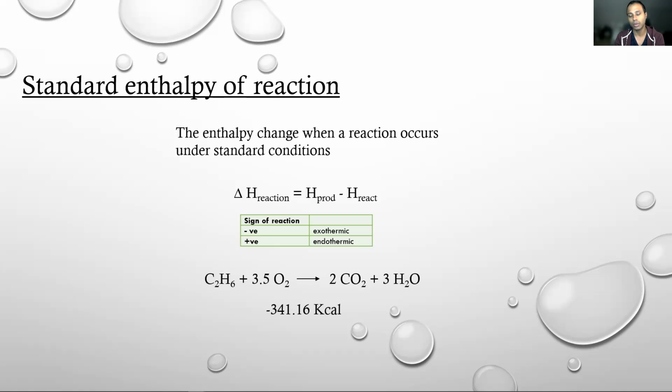And if you calculate the heat of reaction by hand, you will find it to be about negative 341.16 kilocalories, which means it is an exothermic reaction. So we'll try to do this with Cantera as well and see how close we get. And the same concept will be applicable to any reaction as such.